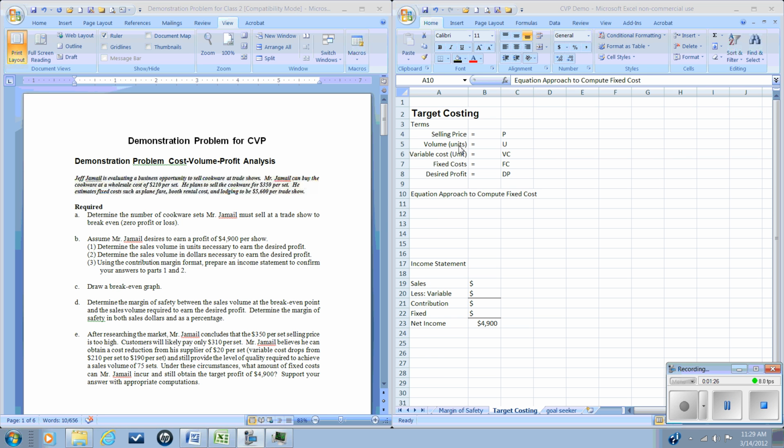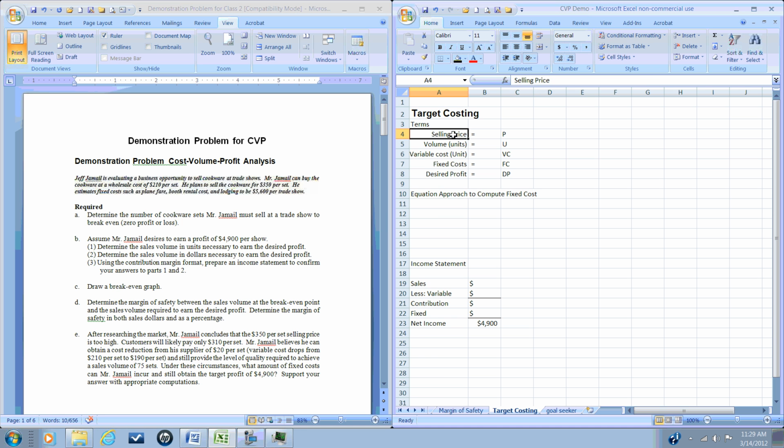So here we're going to have a new selling price, a new variable cost per unit, however, our volume is still going to be based on our budget that we calculated in our targeted profit analysis.